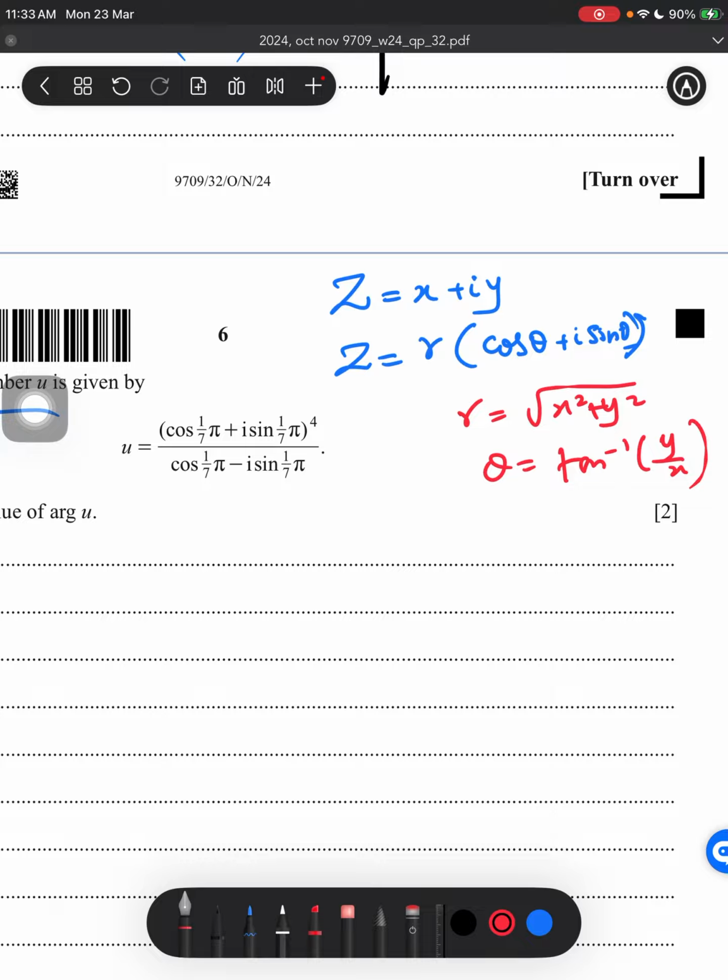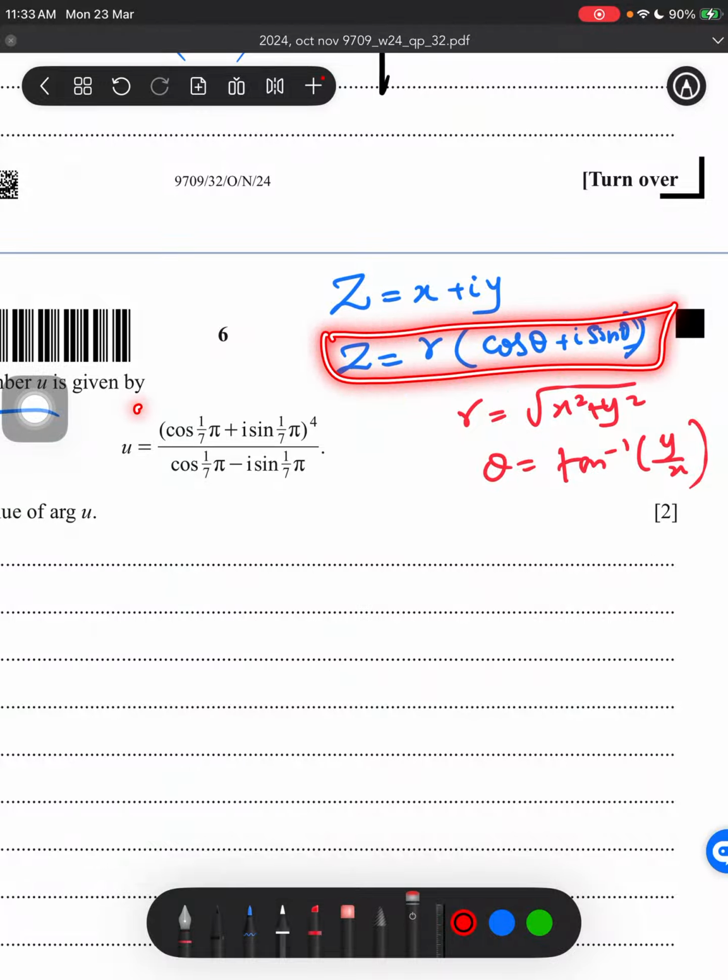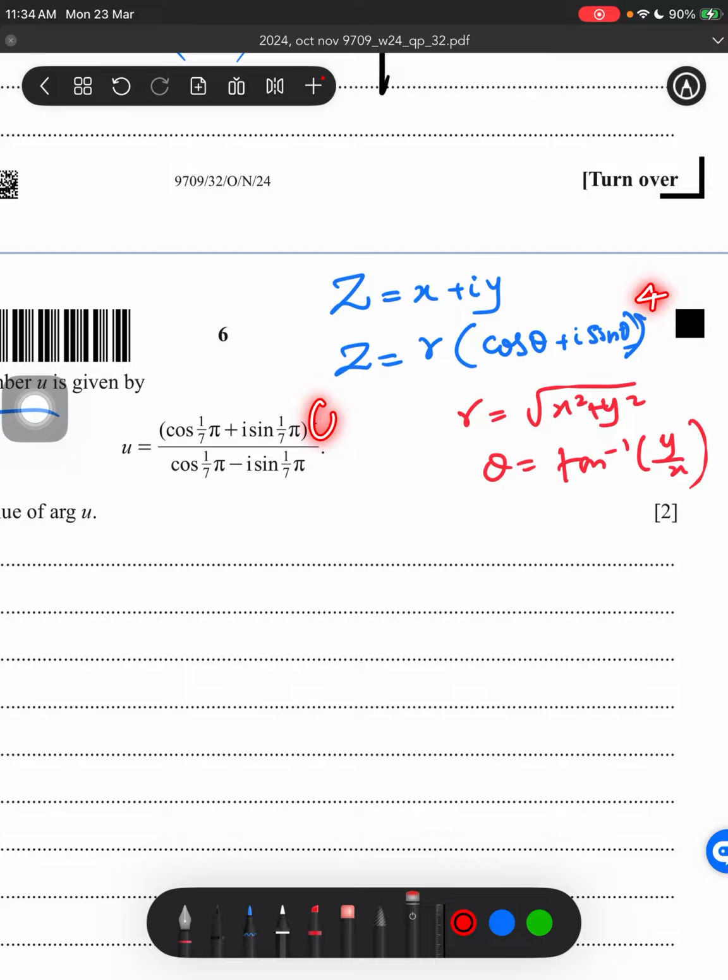In this particular case, we observe that this equation and this equation are the same, just with the power of 4 over here and not over there.